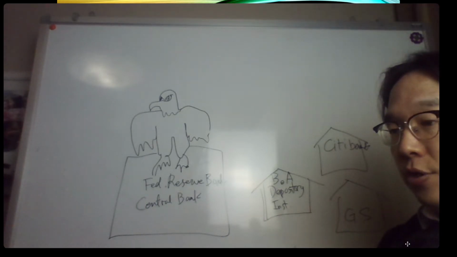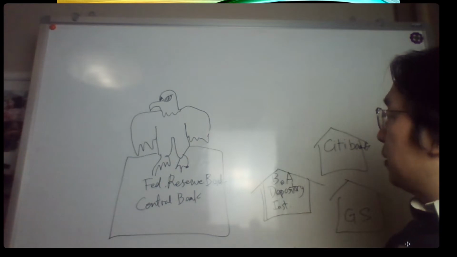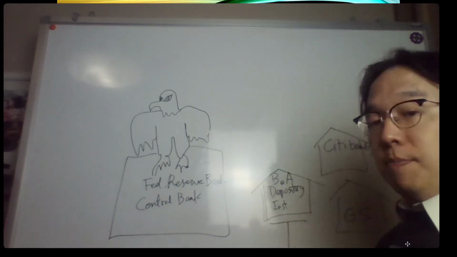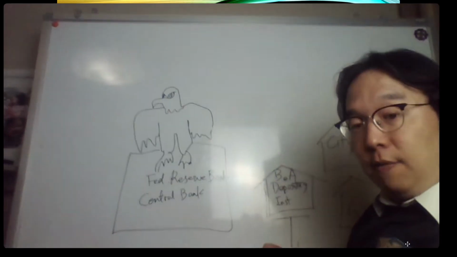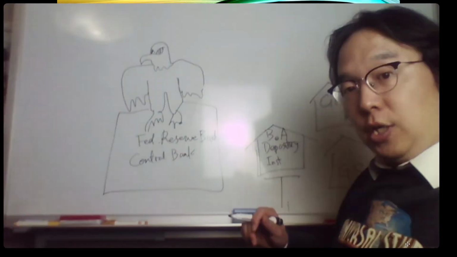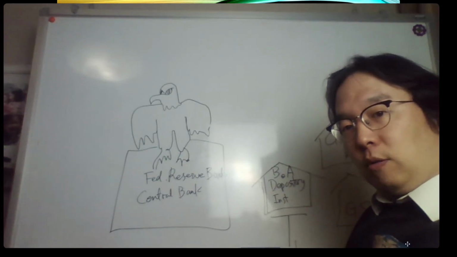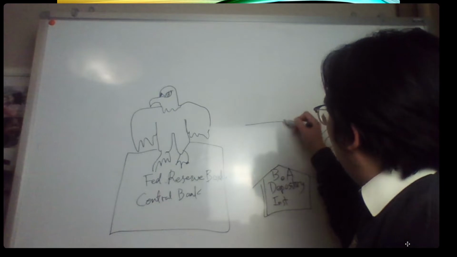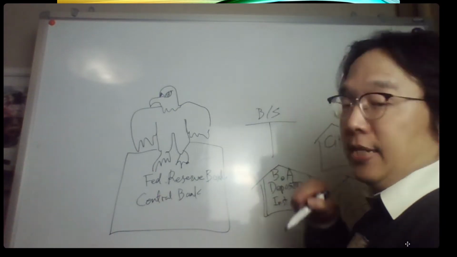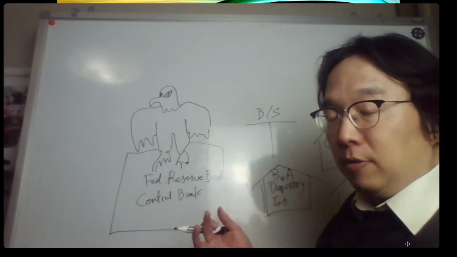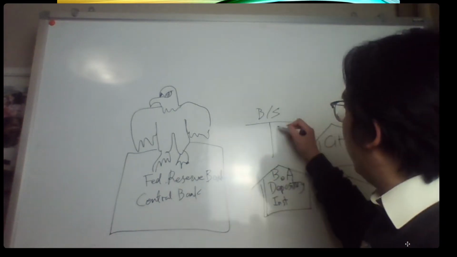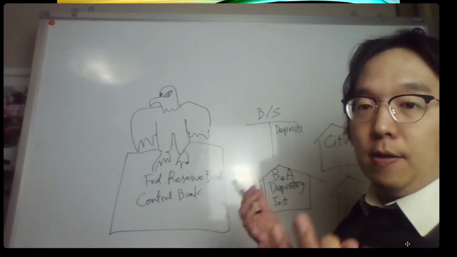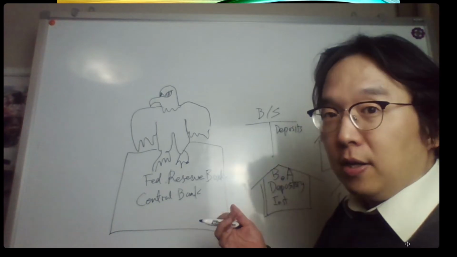The thing is, the depository institutions must have their own balance sheets. What would they have? Shall I draw it over here on top? Their liabilities, or debt, would be their deposits from you and me, individuals or corporations.